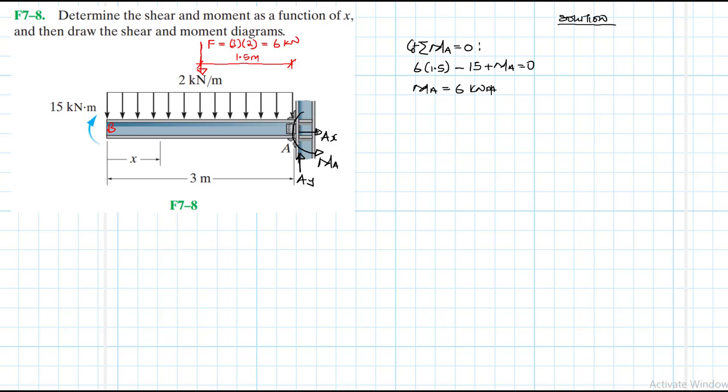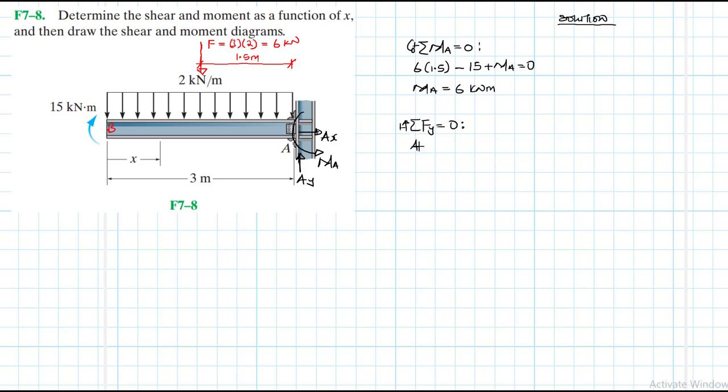6 by 1.5 minus 15, yes, 6. Great. And then we have summation of forces in the y equal to 0, going up as our reference. What do we have?